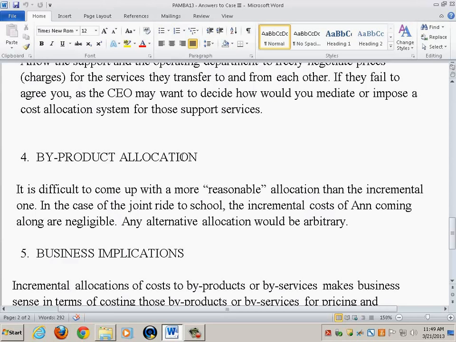Well, in a business situation, you could say the following: you separate the costing from the pricing of the buy product or the buy service. You say, on the costing, I'll do incremental costing because it's the incremental costing that is relevant. On the pricing, I will price the buy service or buy product for what the market will bear.